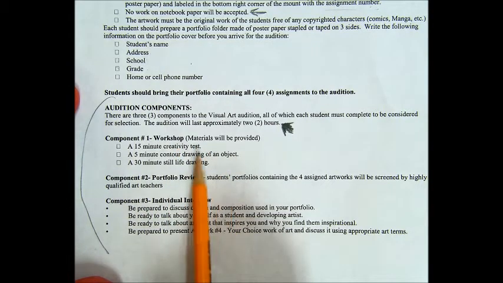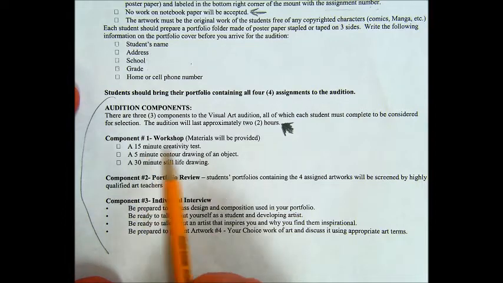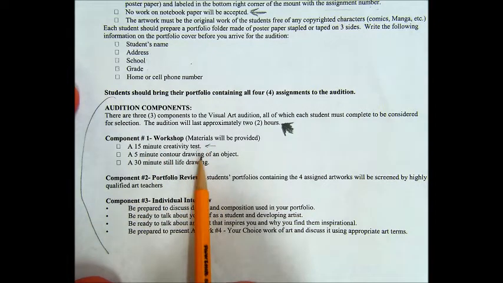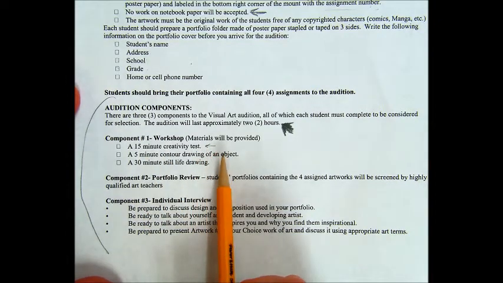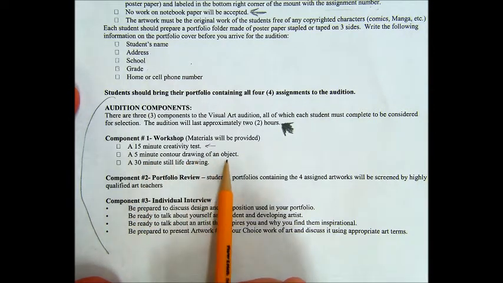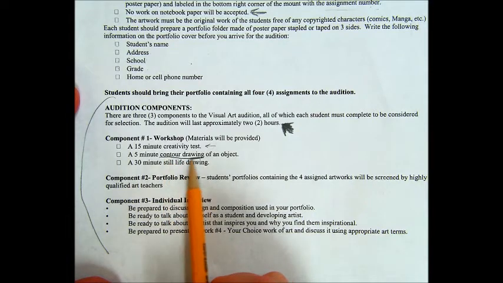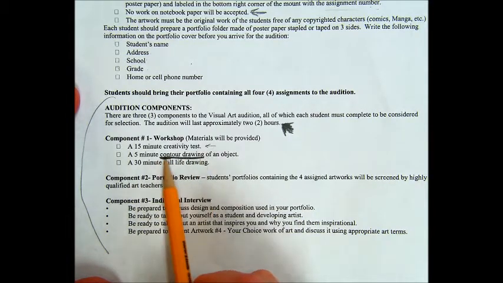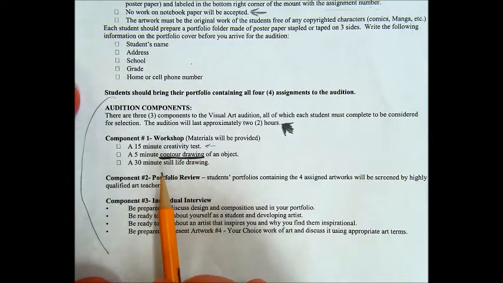This is where you're going to actually make some artwork at the audition. You'll do a creativity test, which I don't know what this is, but when you come back, let me know. And the second thing is a 5-minute contour drawing of an object. This is where you follow an object and draw a line. We've done that, but it's been a few years since we've done that.